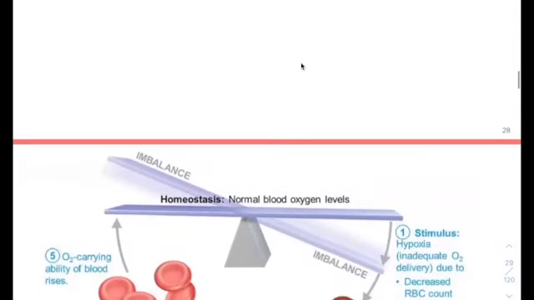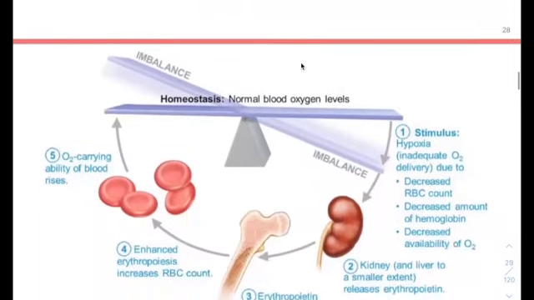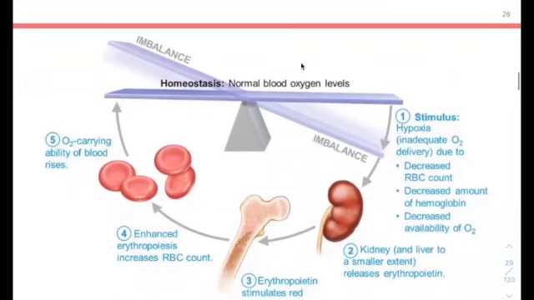So as I talked about with homeostasis, our body wants to maintain normal levels for everything. So if there's not enough oxygen getting to the tissues, there could be decreased red blood cells, decreased hemoglobin, decreased oxygen available.